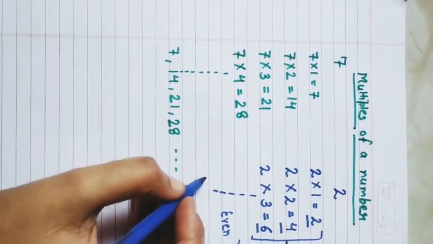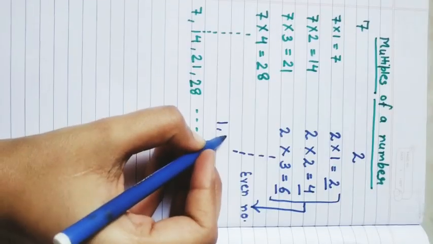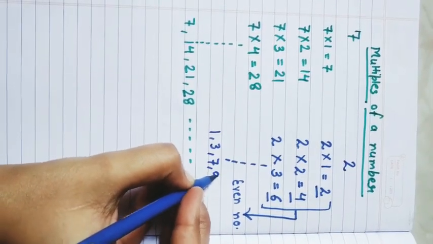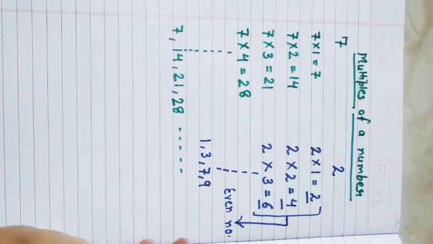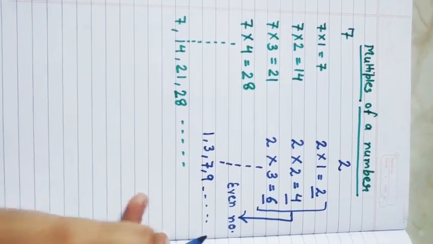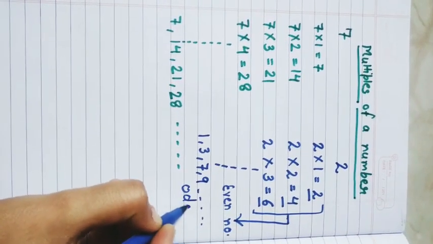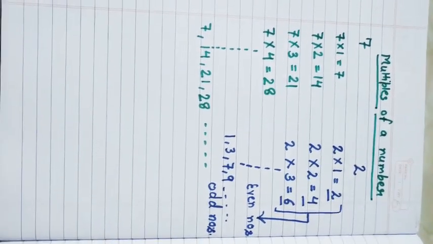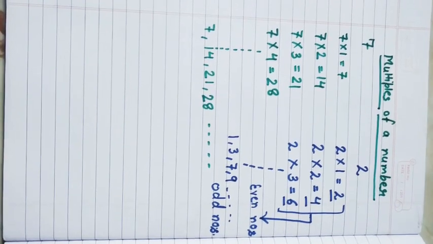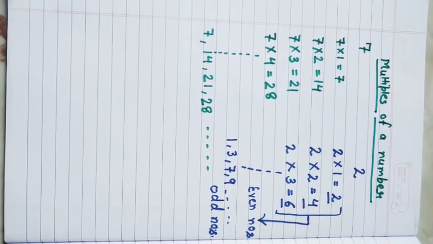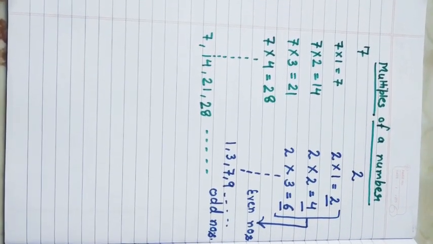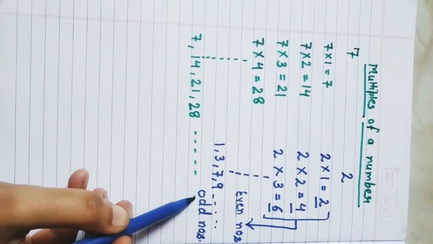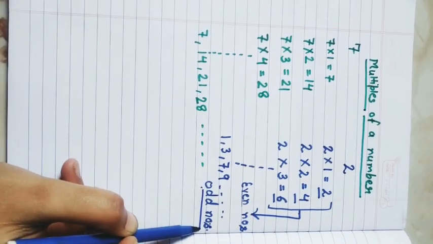So, the numbers 1, 3, 7, 9 and so on are called odd numbers. The concept of odd and even numbers is very important. The multiples of 2 are even and the non-multiples of 2 are odd numbers.